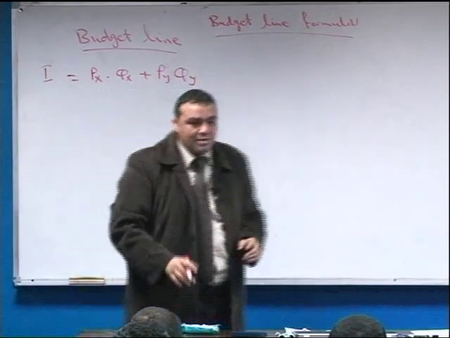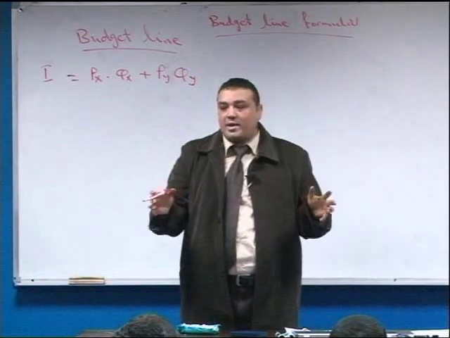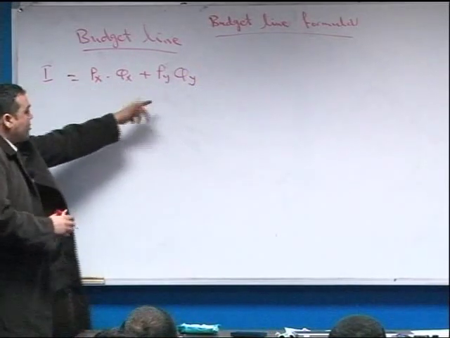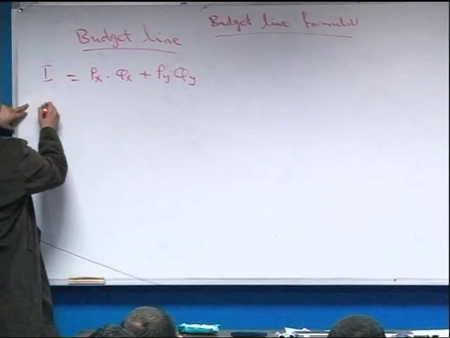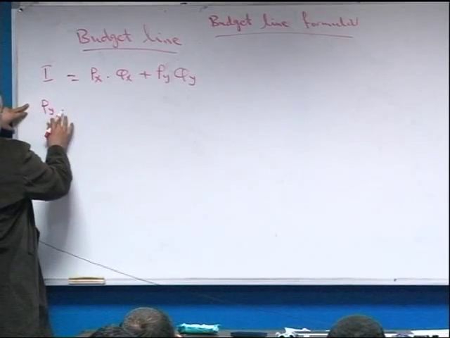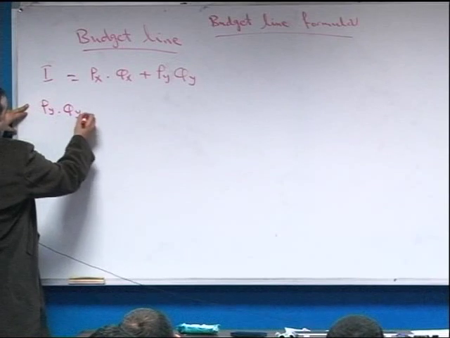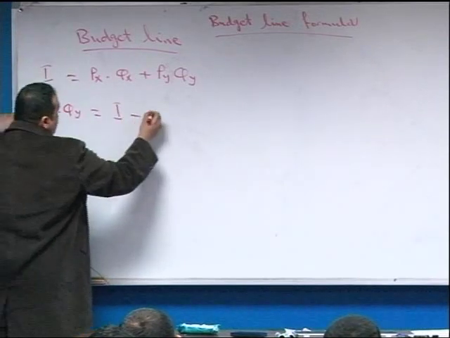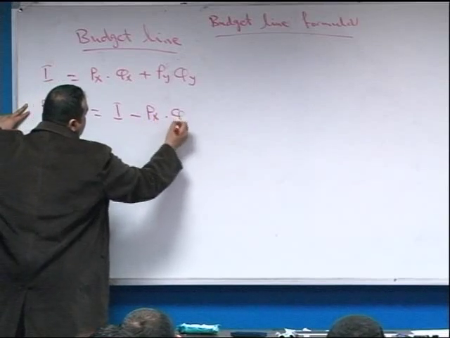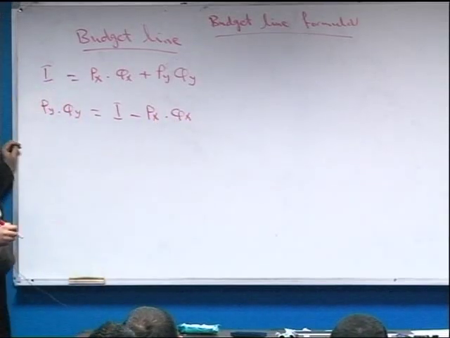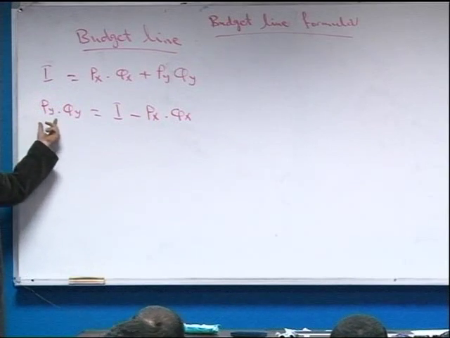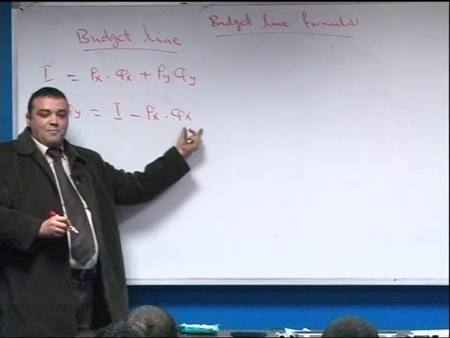We are going to calculate Qy, the quantity demanded of y. To calculate Qy, Py times Qy equals I minus Px times Qx. Right? To get rid of Py, divide both sides by Py.